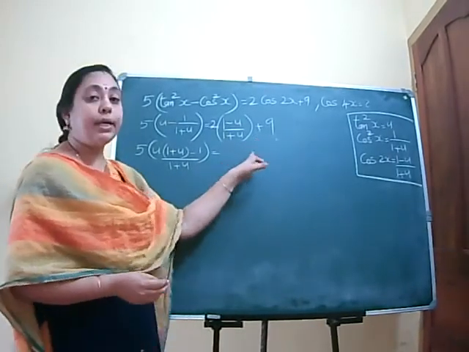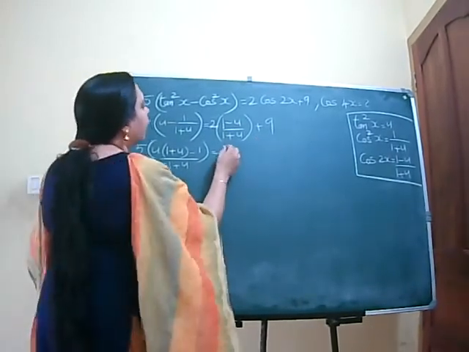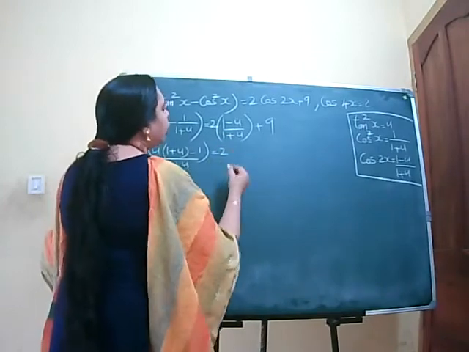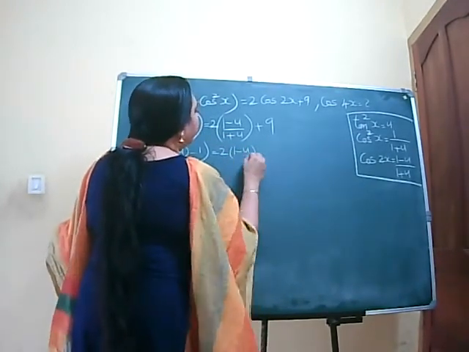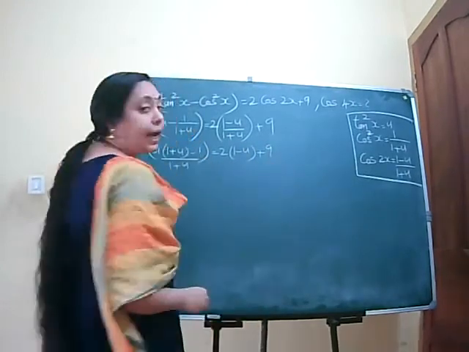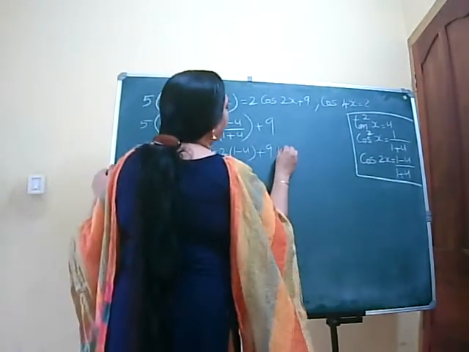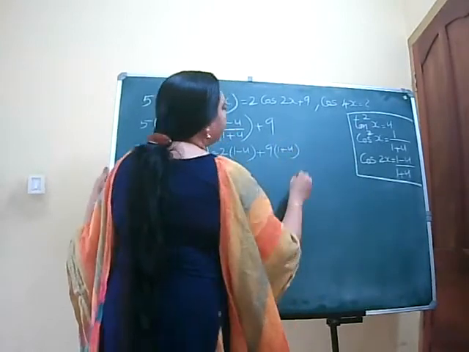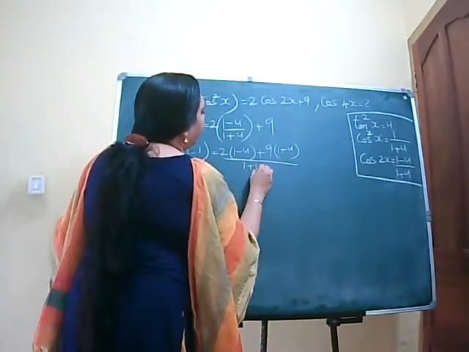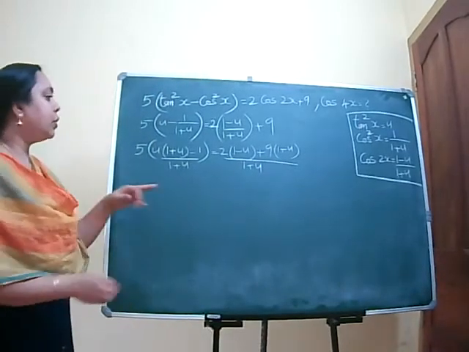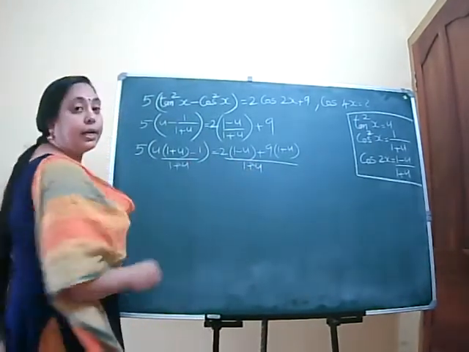Here LCM is 1 plus u. That becomes 2 into 1 minus u plus 9 into 1 plus u, the whole divided by 1 plus u. 1 plus u get cancelled.